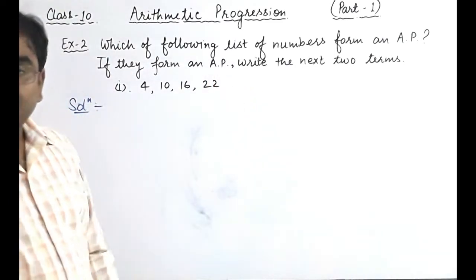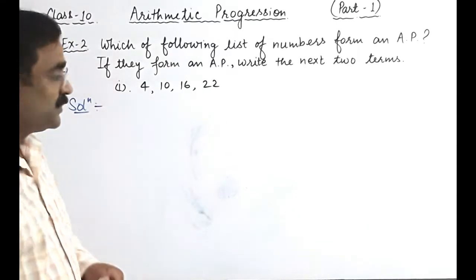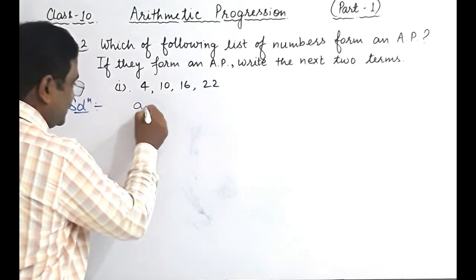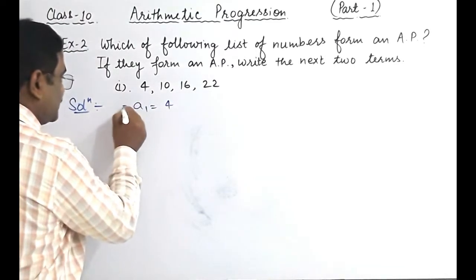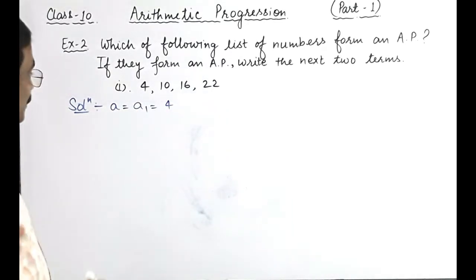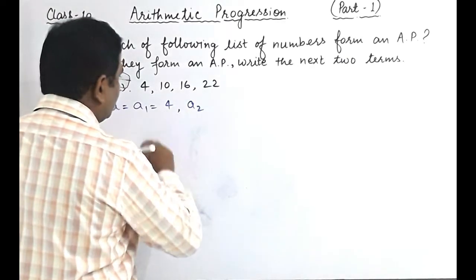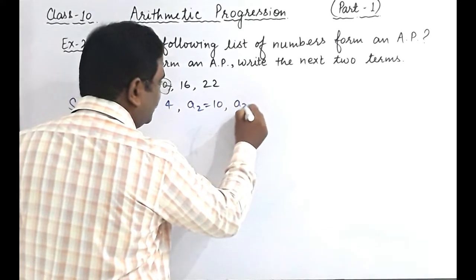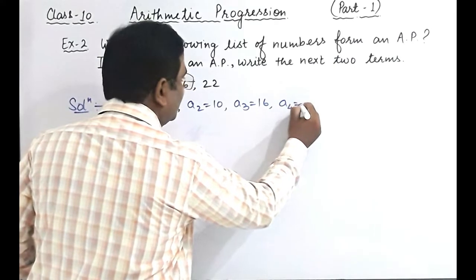Okay. So for deciding that this series is an arithmetic progression, first of all, in this the first term is given as 4. Students, keep it in mind, this first term is also small a. Understood? So a1 is 4, a2 is 10, the second term, a3 is the third term, which is 16, and a4 is 22.